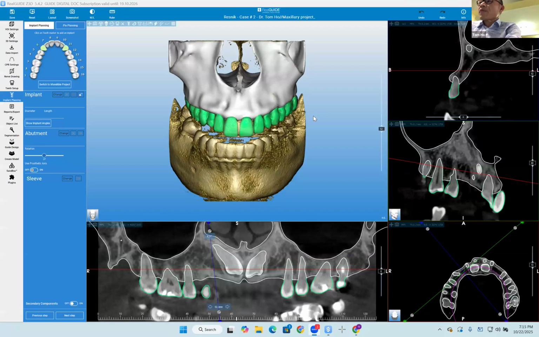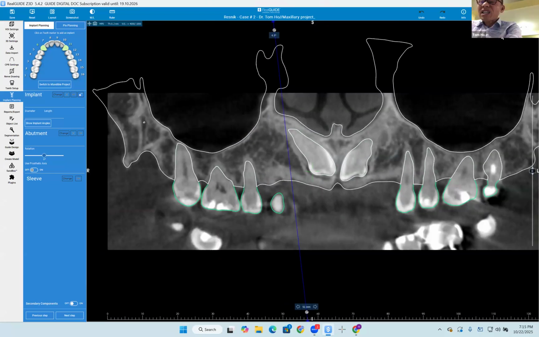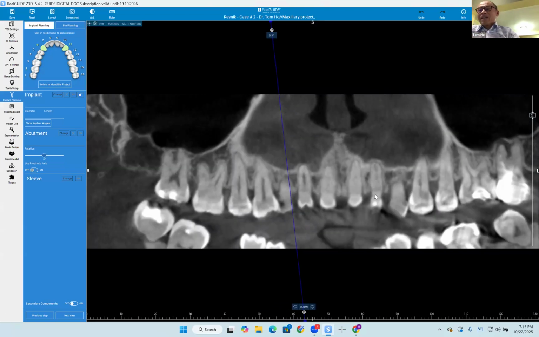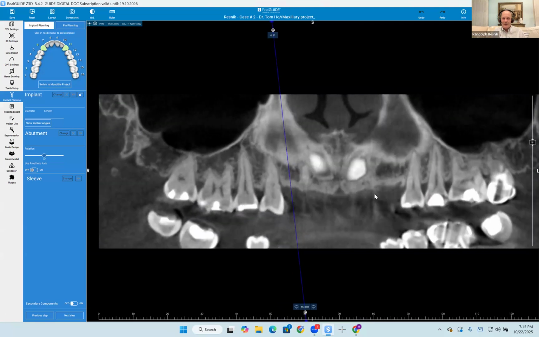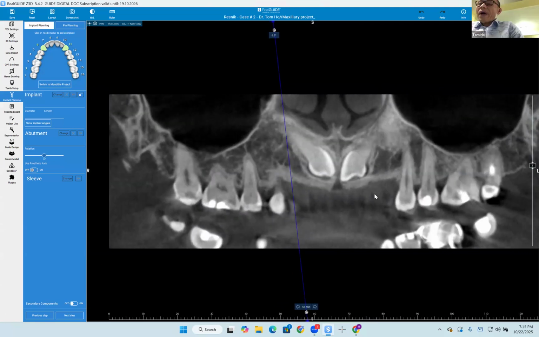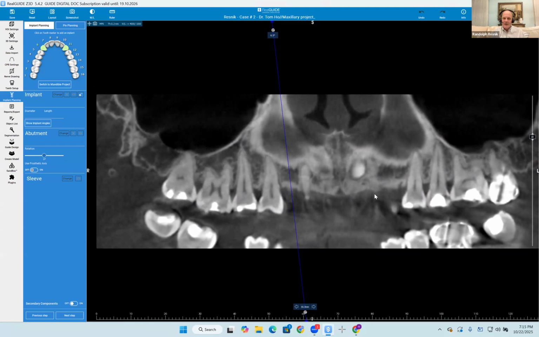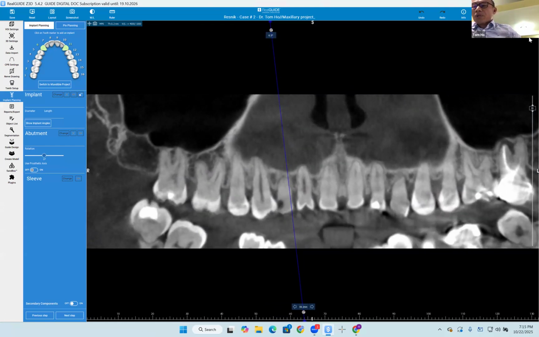No, she's healthy. She has a missing number 30 and two heavily impacted cuspids. She still has the primary cuspids, prolonged, hanging in there. And then she has impacted permanent cuspids. Okay. And she doesn't want to go through ortho treatment for these two.